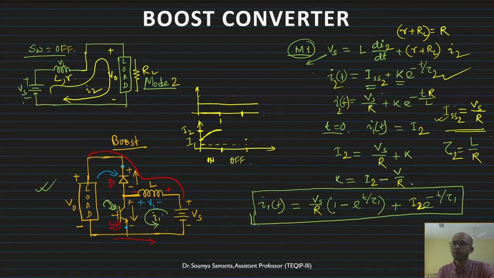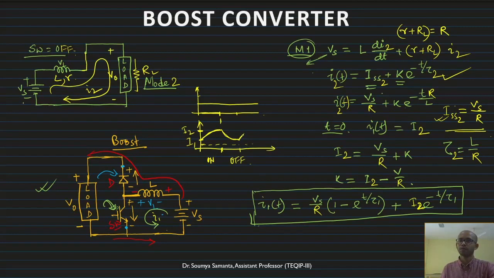This will be exponentially decaying in nature. How can we say that this is decaying in nature? Let us understand. There is a little bit of a mistake here. Let us take this as a small time constant. This will be exponentially decaying here. And at I1, I am again changing the switch, so basically it will turn on again.